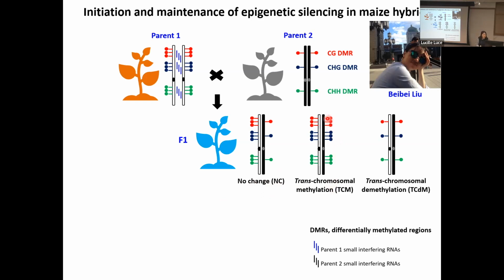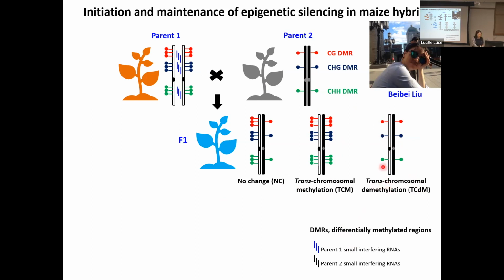You can see this allele 2 gains methylation, although parent 2 does not have methylation at the same locus. We call this transchromosome methylation, TCM. The other situation is that parent 1 has methylation here, but in allele 1, methylation is lost. So we call this transchromosome demethylation.